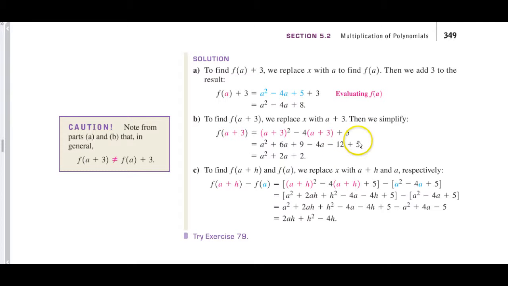And then we add 5 to it and group like terms, and we get that. And here we have this function where we replace the x with this, and that's what we've done here.